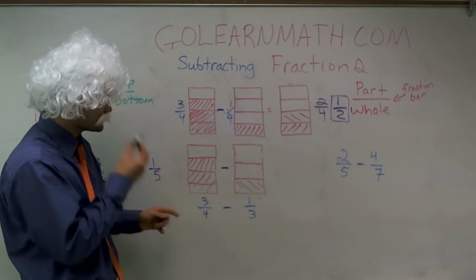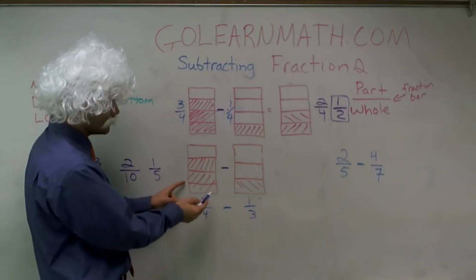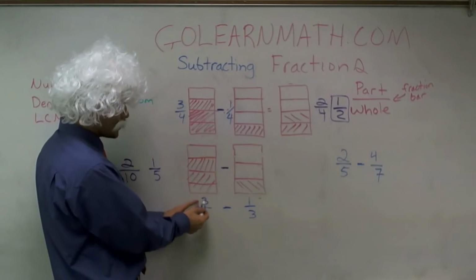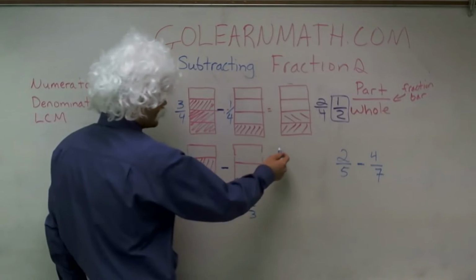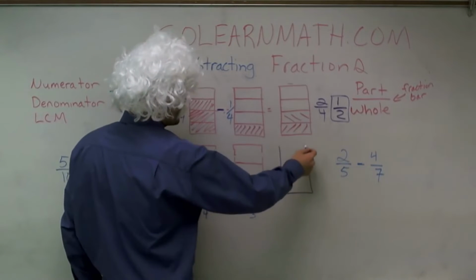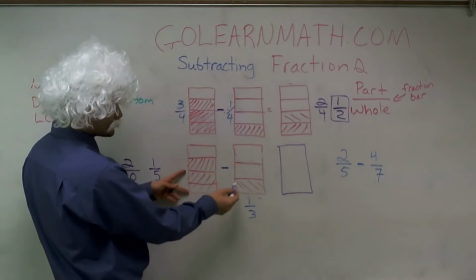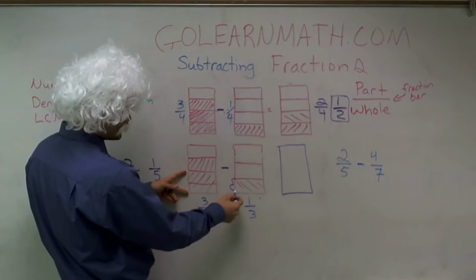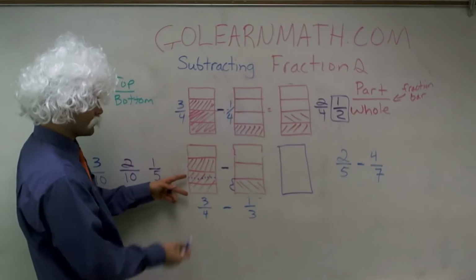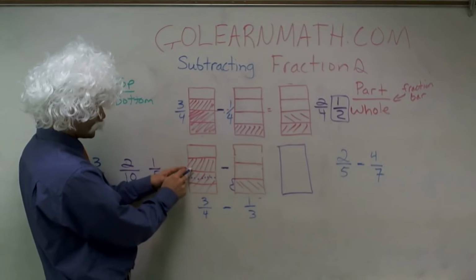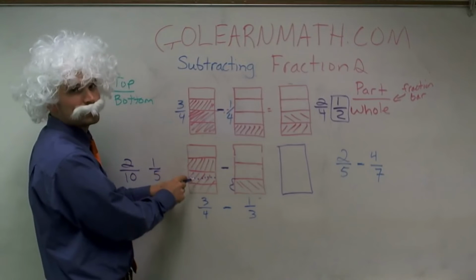However, think about it this way, ladies and gentlemen. If I am to subtract 3/4 of a candy bar and subtract 1/3 of a candy bar, well, the new amount that I'm going to have, I'm left with, looks like 1/4 plus another little extra part left over.